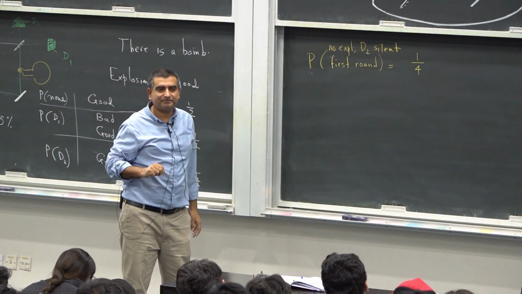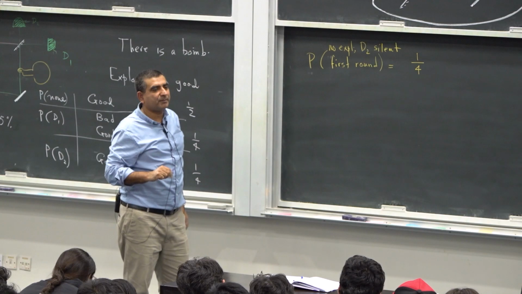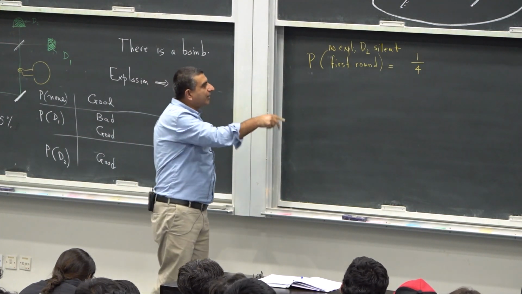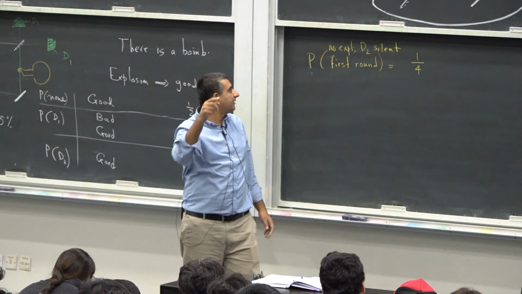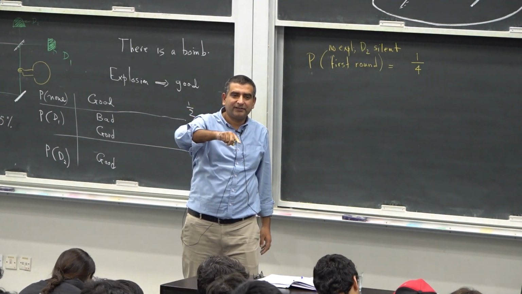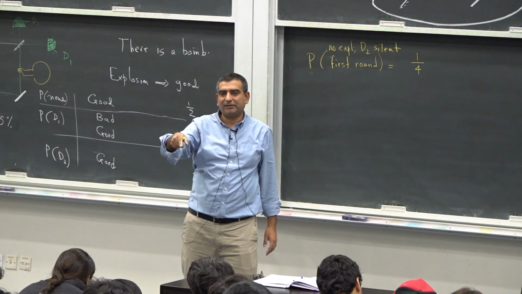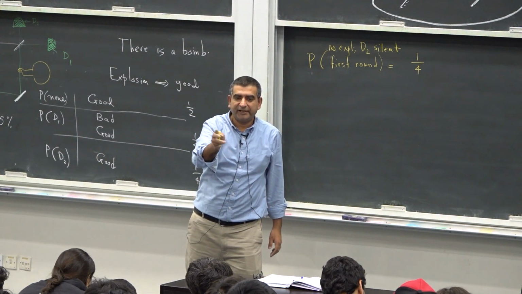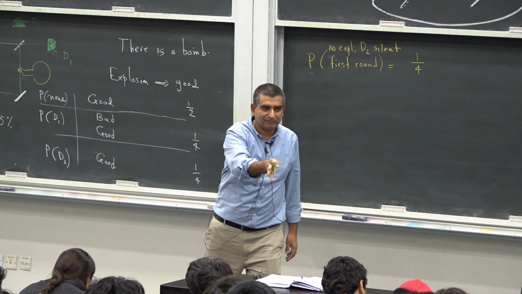All right. Now what's the probability that no explosion happens and D2 remains silent in the second round as well? It's 1 by 4 into 1 by 4. It's 1/4 of 1 by 4.